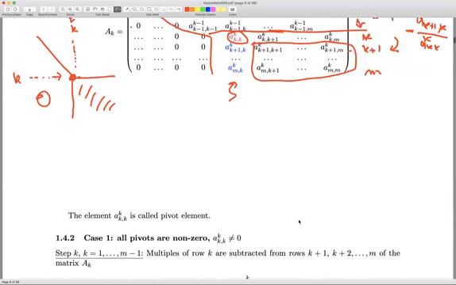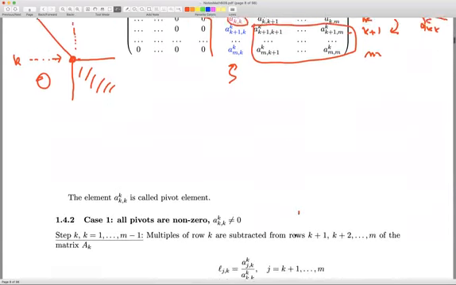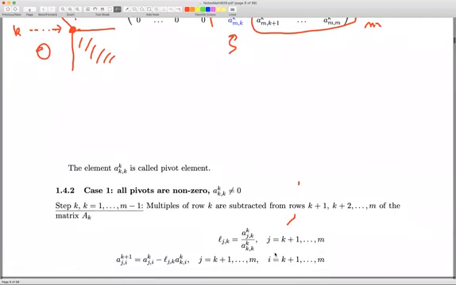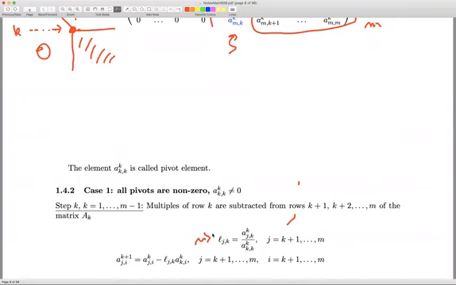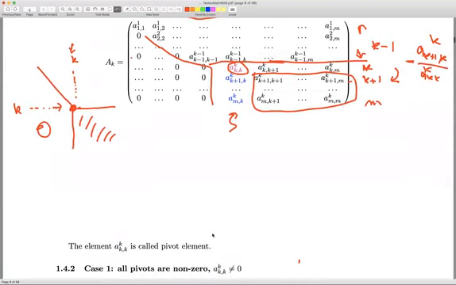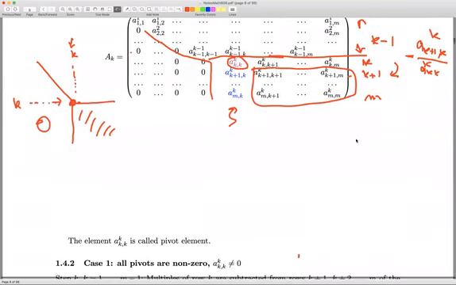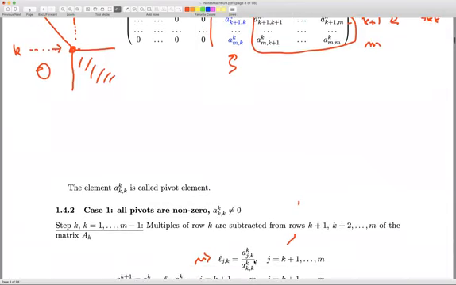If we write down the actual formulas, they are the following. First, we compute the numbers l jk, which are exactly these numbers, a k plus 1 k divided by a kk. So the numbers l jk will all have in the denominator akk, and in the numerator a jk, where j is from k plus 1 to m.